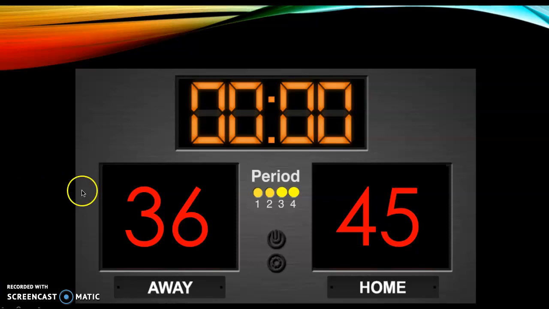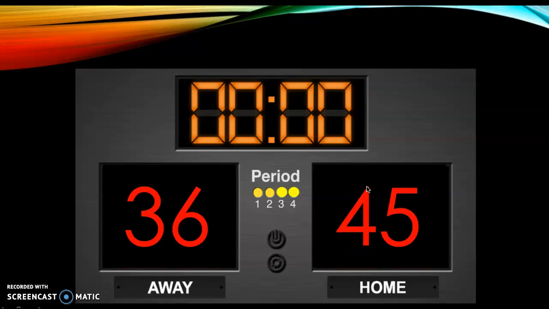What we learned earlier this week is that to compare two numbers, you first look at the digit that has the highest place value. In this case, we are looking at the tens place. The away team has a 3 in the tens place, and your team, the home team, has a 4.